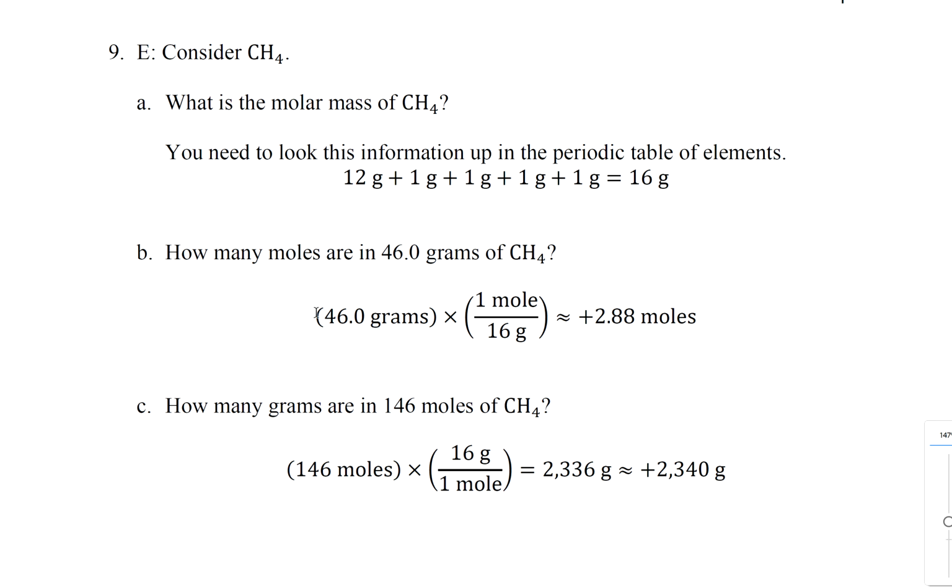Part B, how many moles are in 46 grams of CH4? So we want moles as the solution, so we write moles on the right hand side. And we're given 46 grams, which we start with. So if we want to convert grams to moles, we need something with grams in the denominator, moles in the numerator.